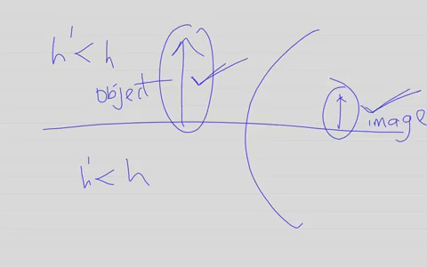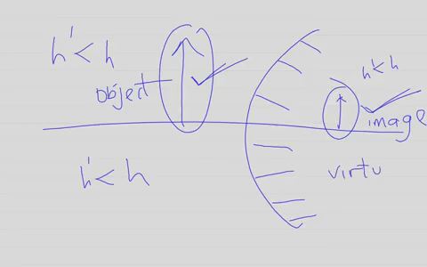So you observe that if it is a convex mirror, the image height h prime is less than h in this case, and then the image is virtual, on the opposite side of the reflecting surface, so it's not on the same side as the object. So you get this kind of information.